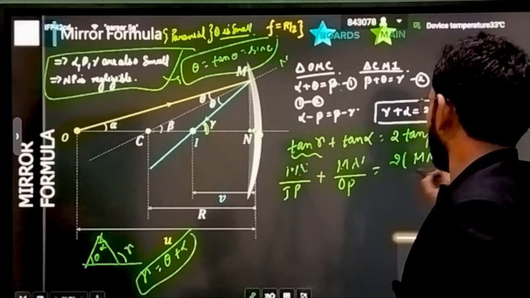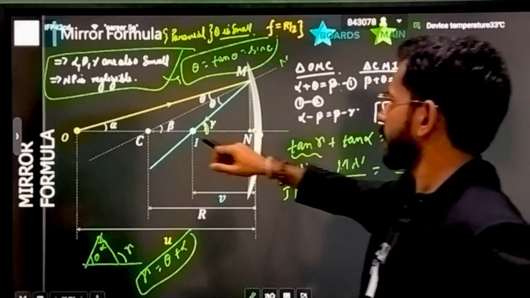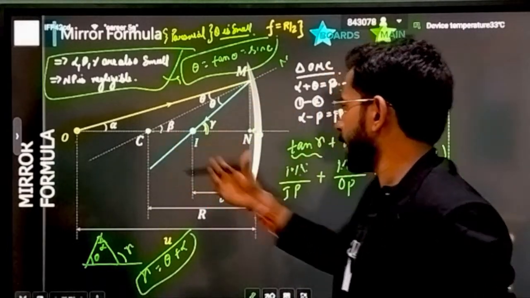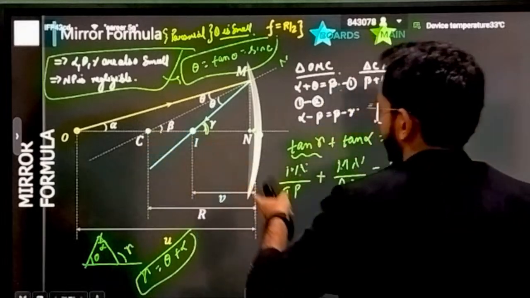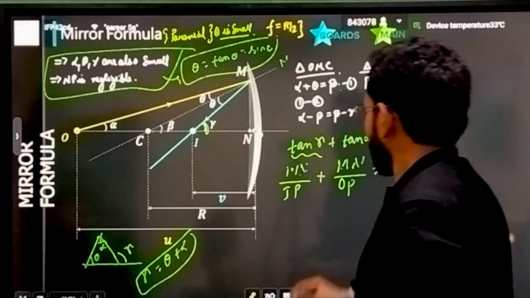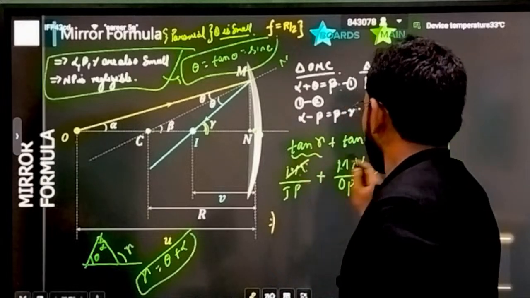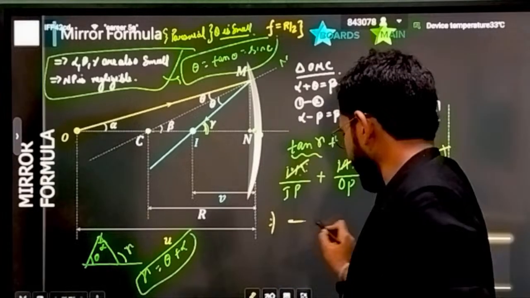Again you will write MN for the perpendicular. This is the angle beta. What is this distance called? Anyways, write it CP. CP you will write as the distance. Now solve it. MN will simply cancel out. What are the things that are left?